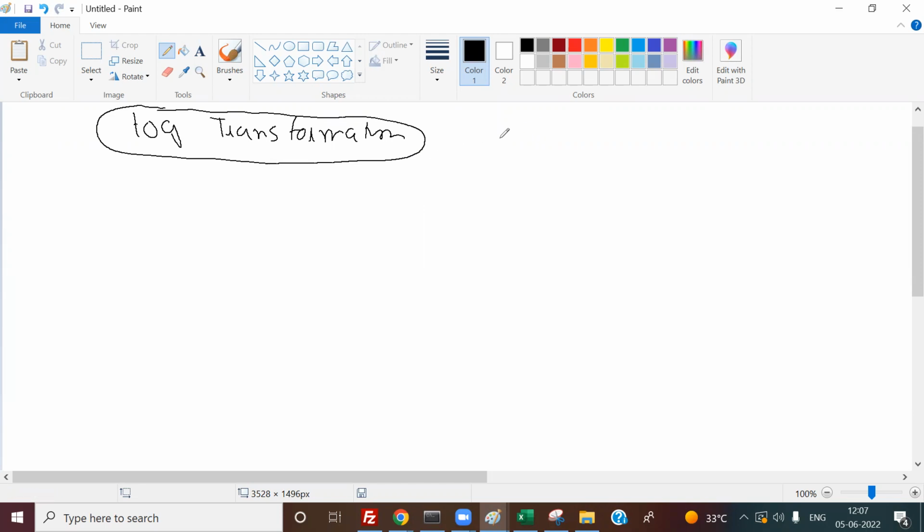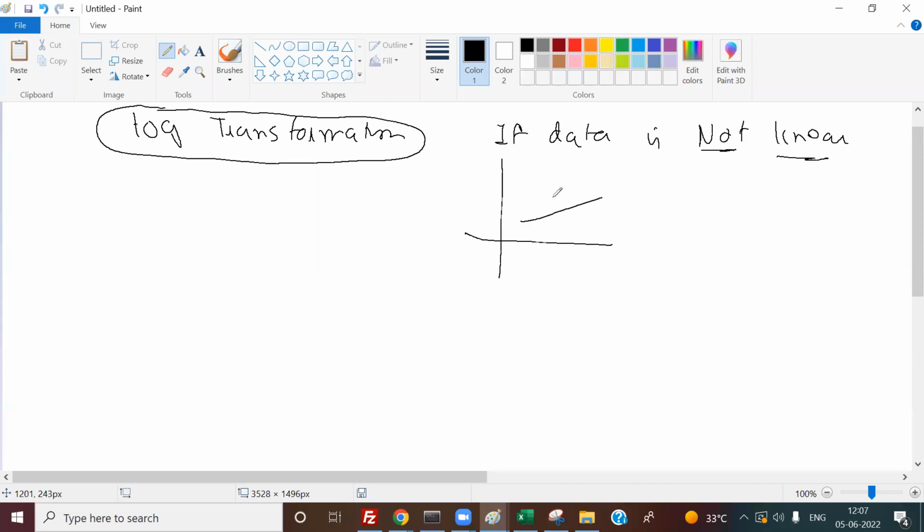Okay, so if data is not linear, as in, it is not in a straight line. So a straight line can be any format, right? A straight line can be anything. But if data is not linear, if it is not a straight line, then probably it would be a kind of curve.